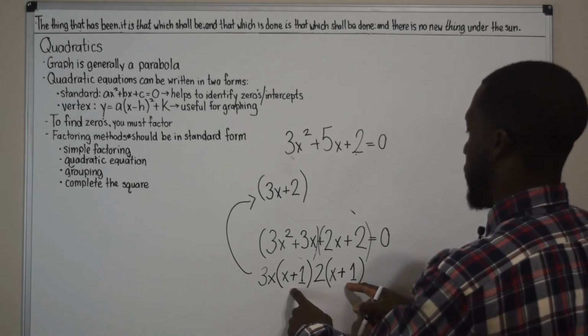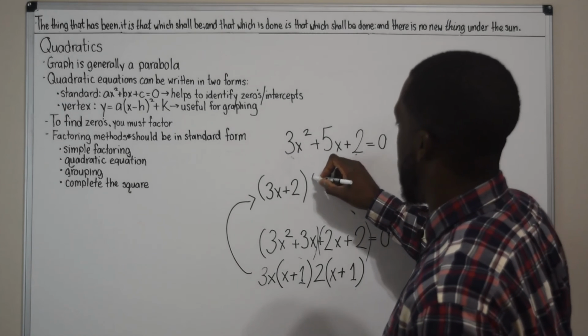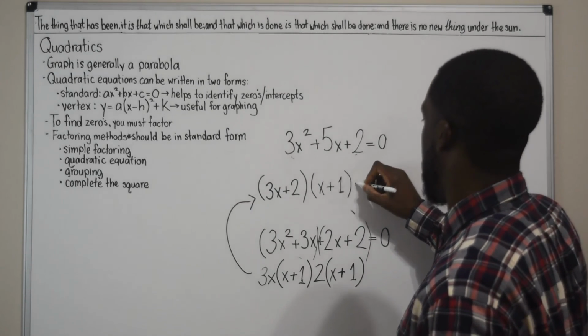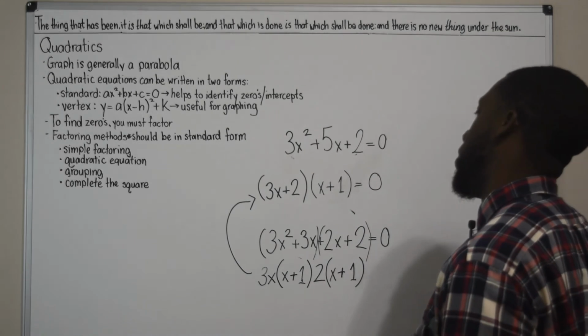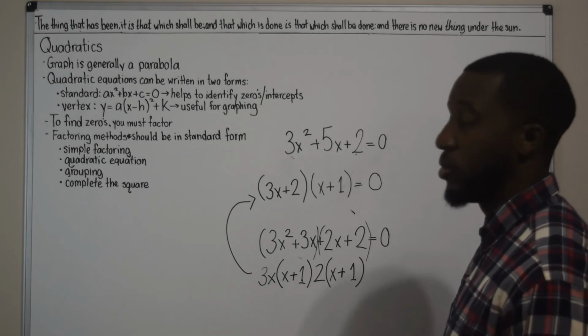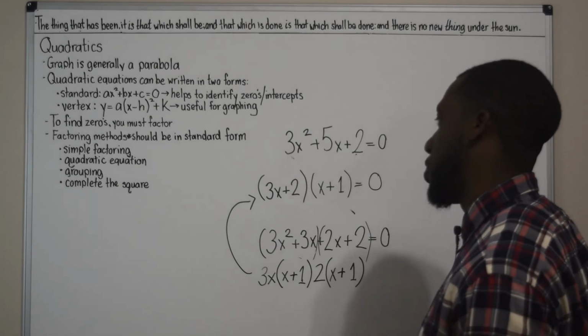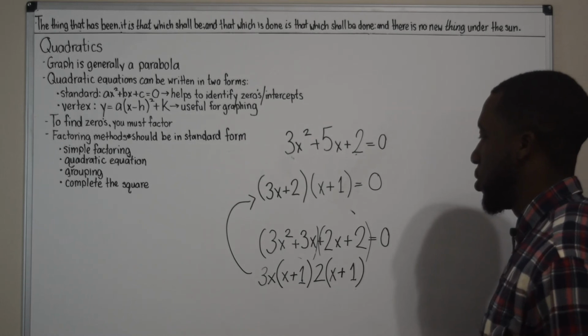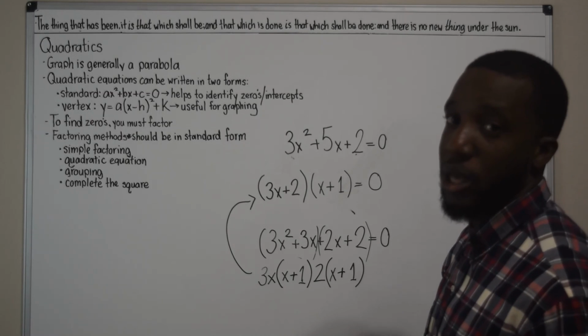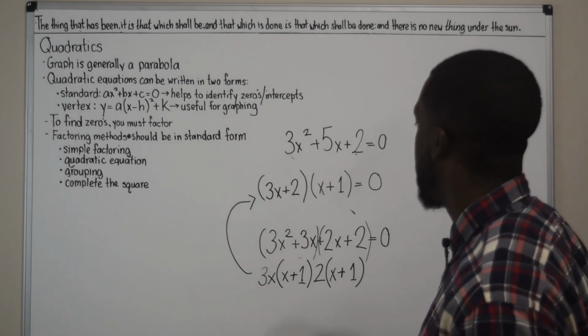And then this is one factor right here, times x plus 1 equals 0. So now I can find the zeros, and remember, to find the zeros, you just set these two equal to 0, and that's going to be your intercepts. And like I said, I'm going to show you that when we're looking at graphs.